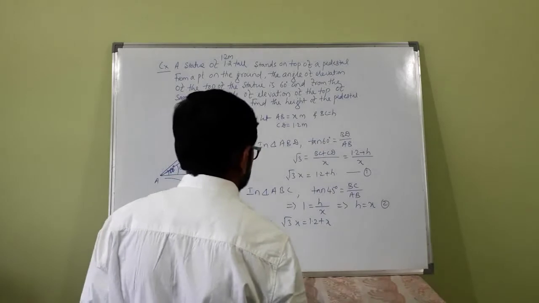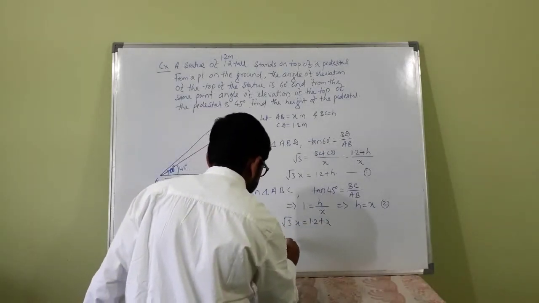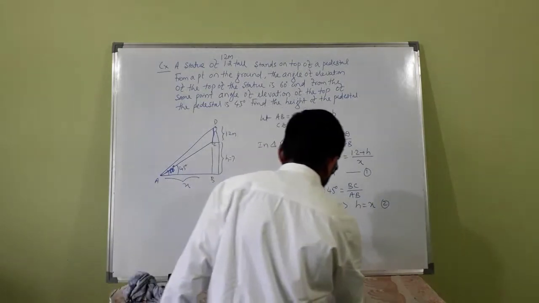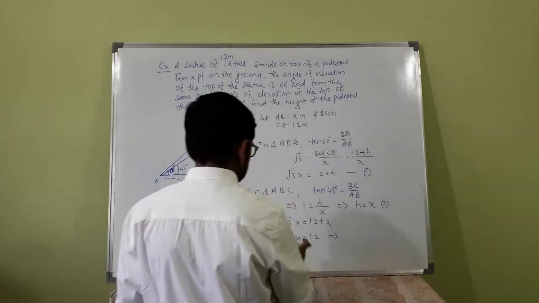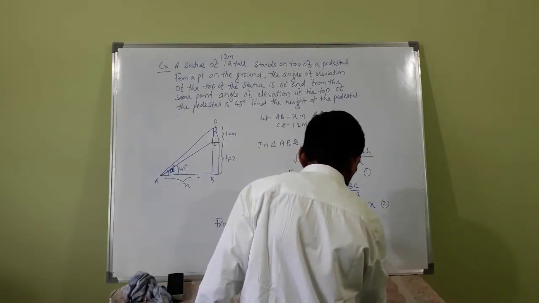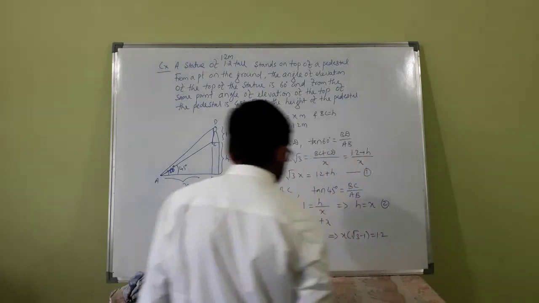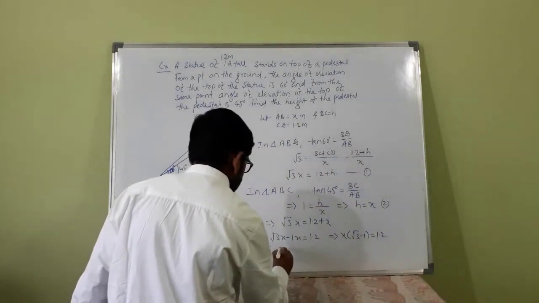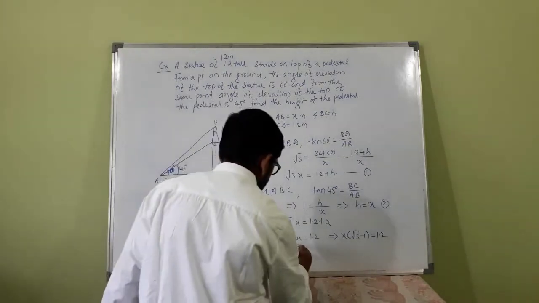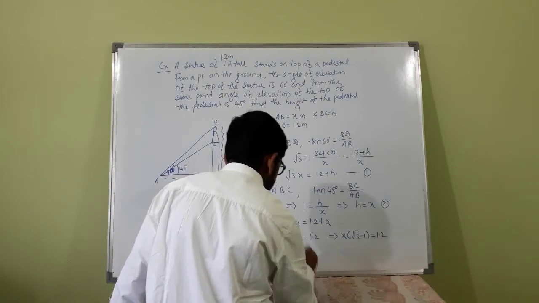If you bring this side, root 3x minus 1x is equal to 1.2. If you take x common, root 3 minus 1 is equal to 1.2. Therefore x is equal to 1.2 divided by root 3 minus 1.